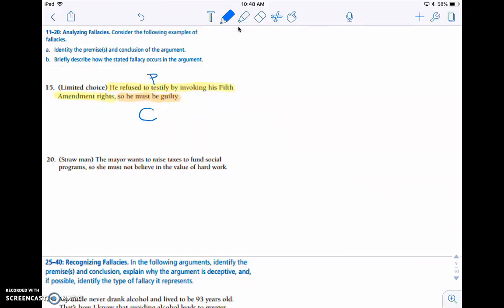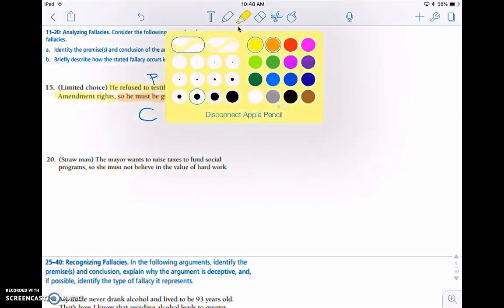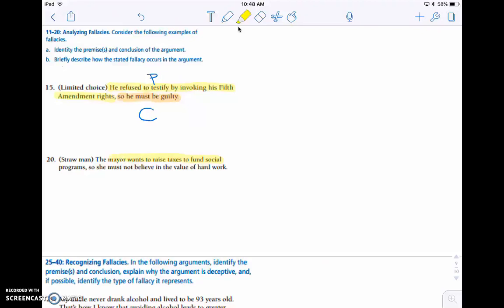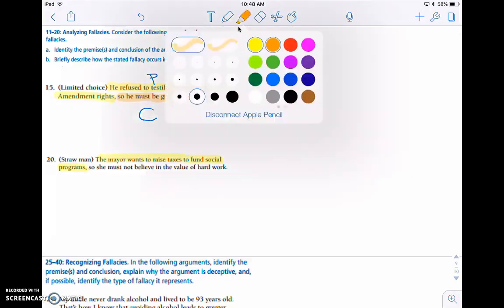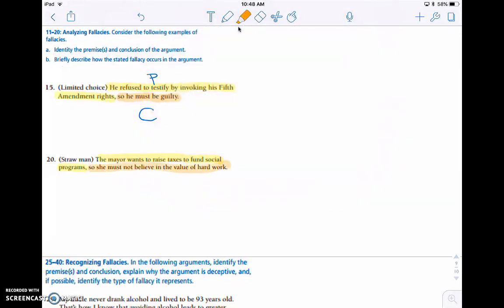Okay, the next one, we're looking at the straw man argument. So the mayor wants to raise taxes to fund social programs. So there's our premise. So she must not believe in the value of hard work. There's our conclusion. So we have the premise and the conclusion.